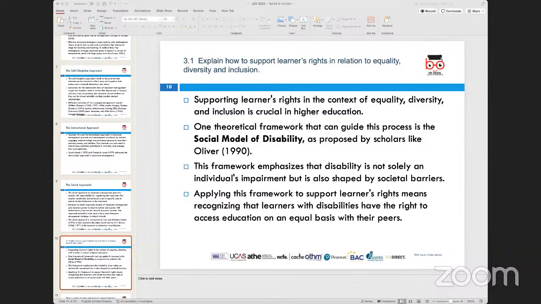So in such cases, when we look at these societal barriers which are created, rather than people having physical or mental disabilities, the teacher's role is primarily to ensure that these hurdles are removed and do not restrict people from making the right choices.